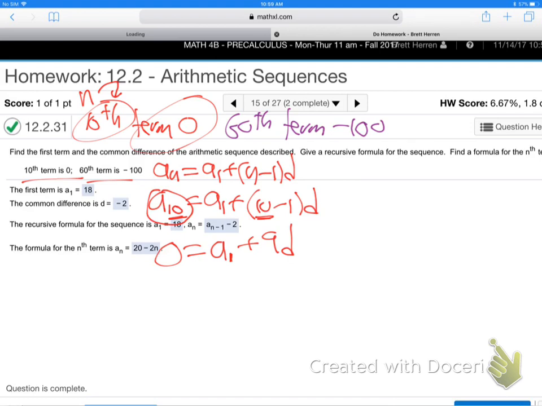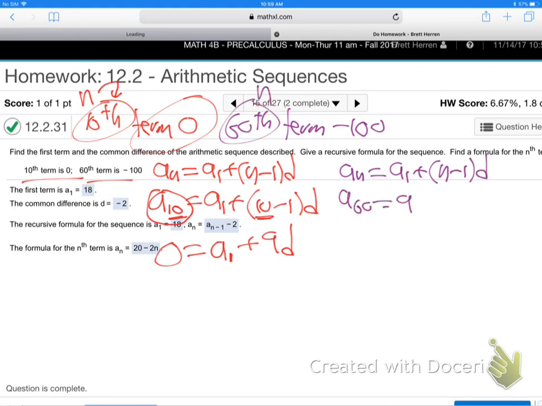So now, leave that. Now do the same thing for the purple one. The 60th term is negative 100. Plug in: A sub n is A1 plus n minus 1 d. 60th, that's your n.